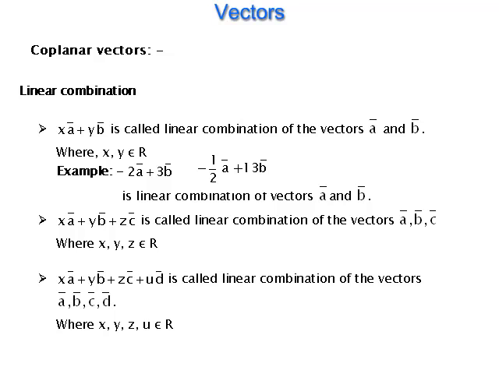We can extend this idea to more than two vectors. Thus, the vector x a bar plus y b bar plus z c bar, where x, y, z are real numbers, is a linear combination of the vectors a bar, b bar and c bar. The vector x a bar plus y b bar plus z c bar plus u d bar, where x, y, z, u are real numbers, is a linear combination of the vectors a bar, b bar, c bar and d bar.